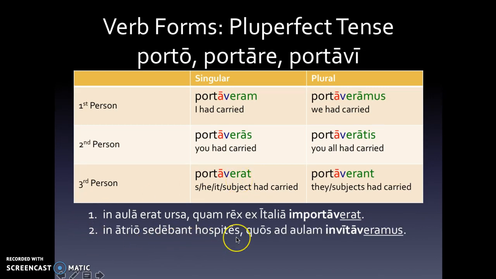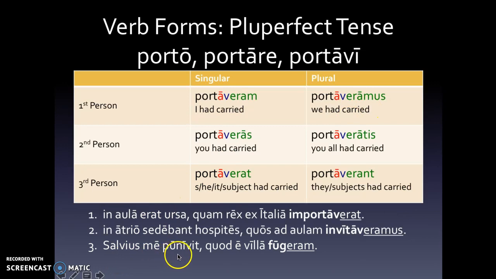In atrio sedebant hospites quos ad alam invitaveramus. So invitav is the third principal part of this verb. Eramus comes from up here. This is our ending. It's the first person plural for the pluperfect tense.